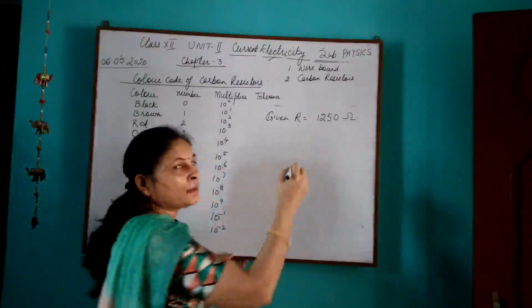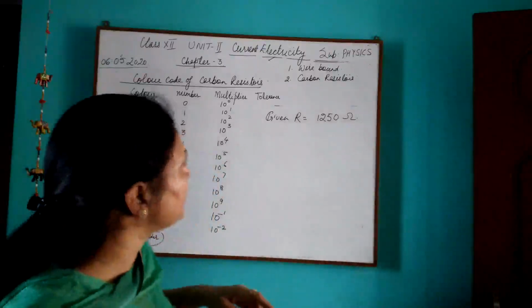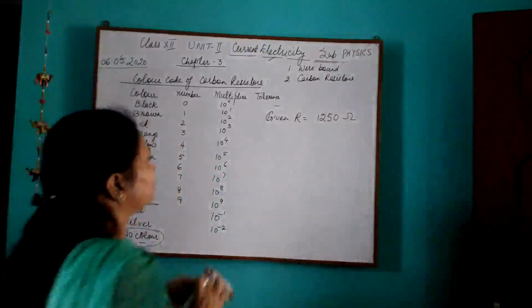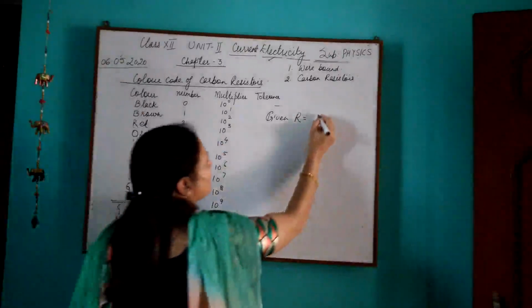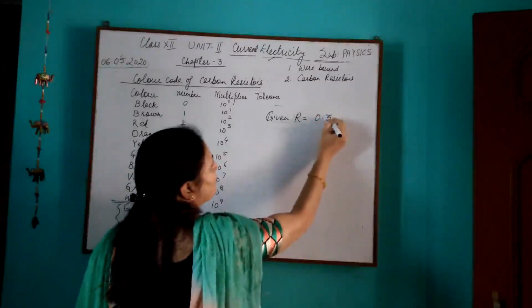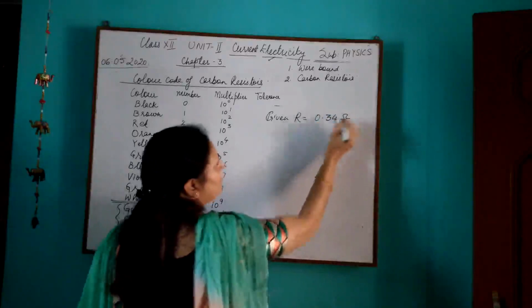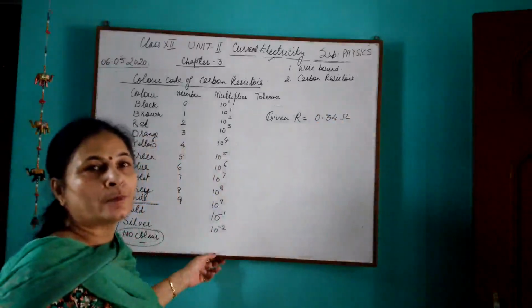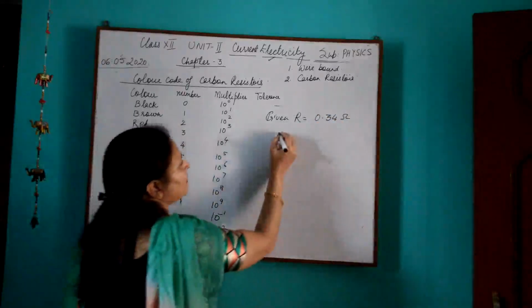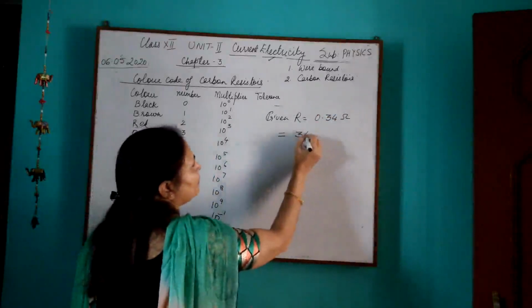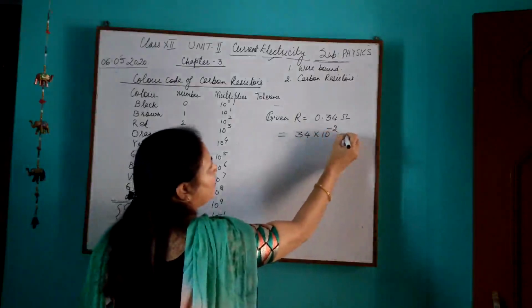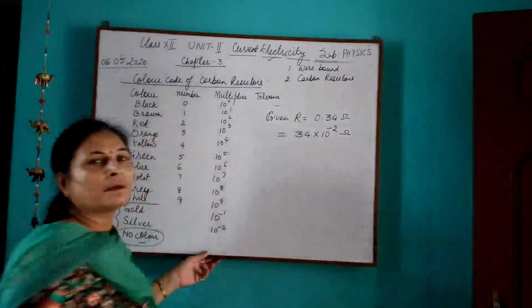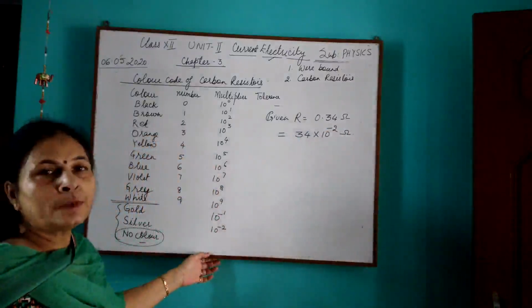In that case, first I will tell you about the decimal system. Suppose it is given as 0.34 ohms. Then this resistance can be written as 34 into 10 to the power -2 ohms.